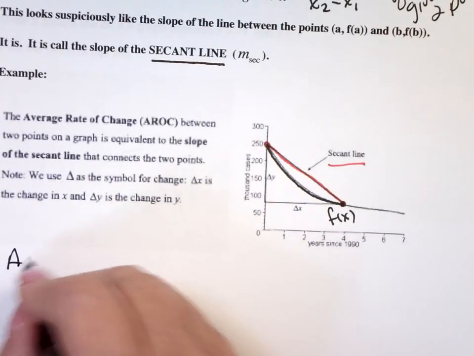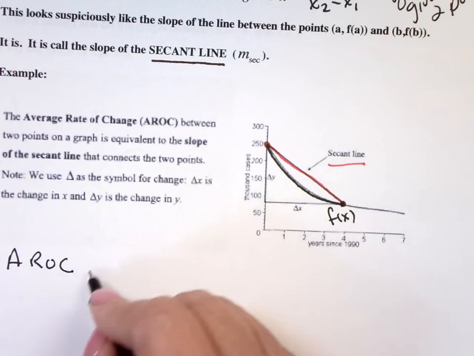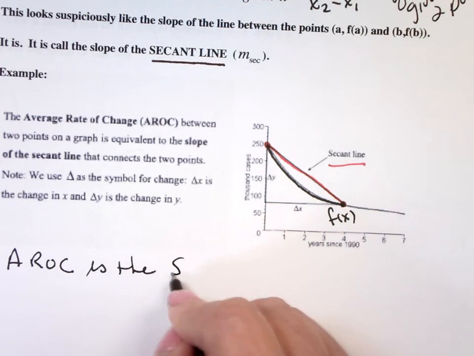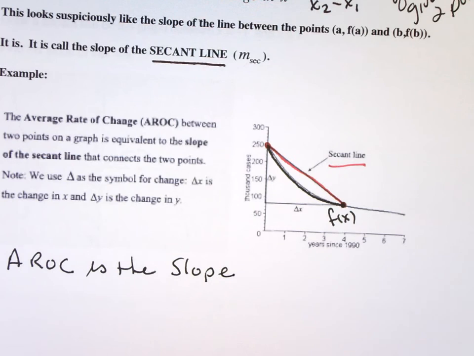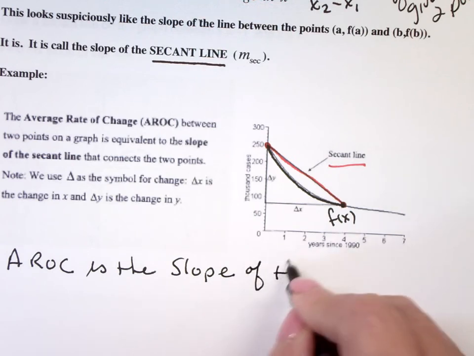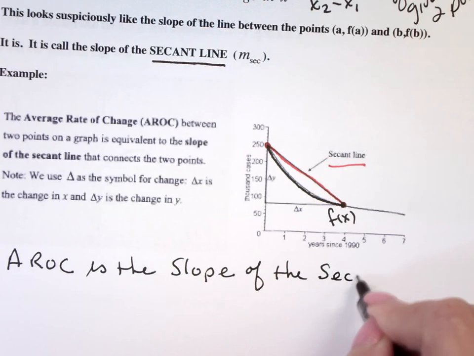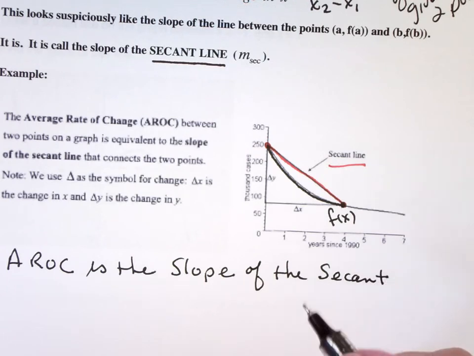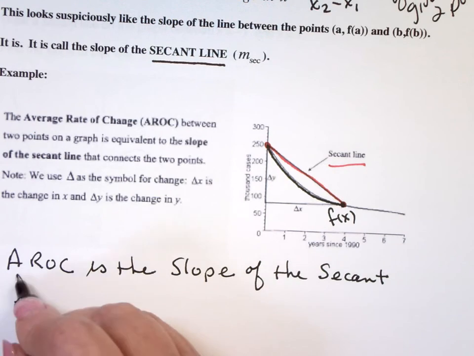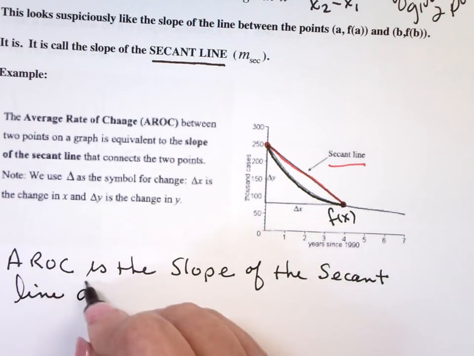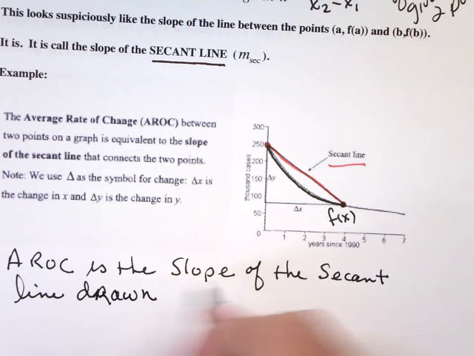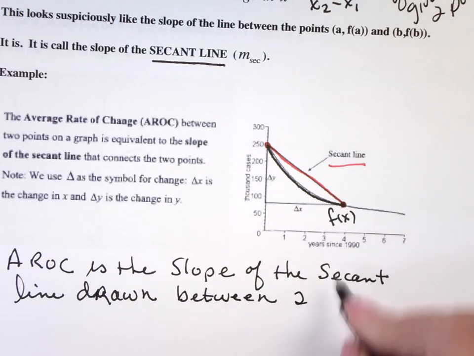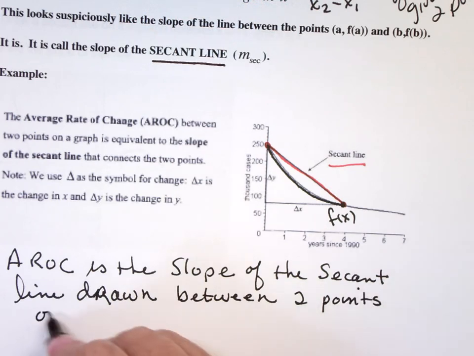So that AROC, average rate of change, is the slope of the secant line drawn between 2 points on a graph.